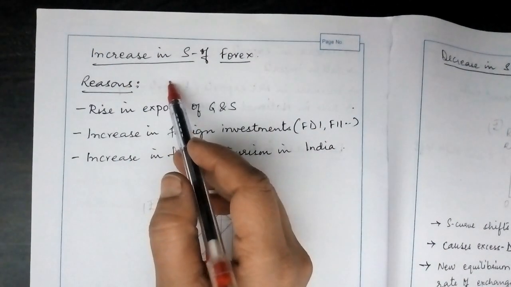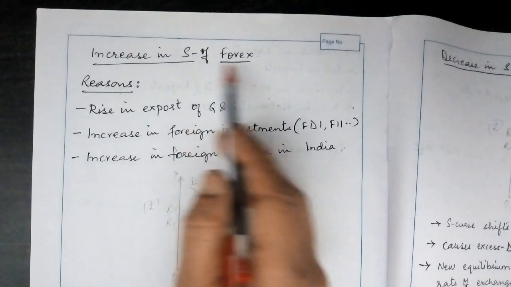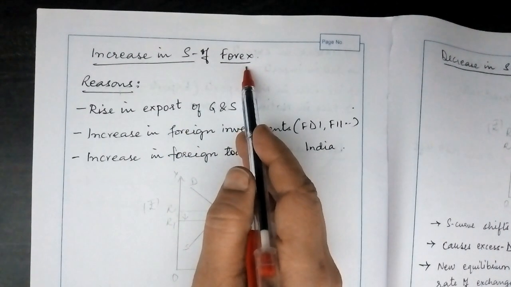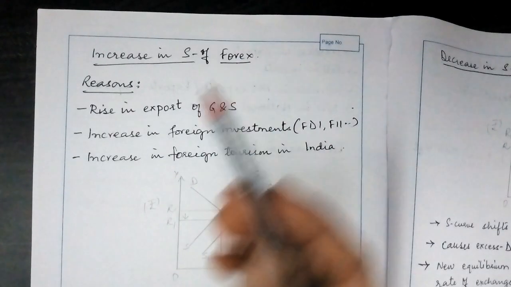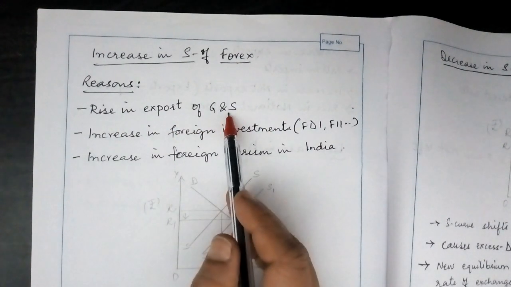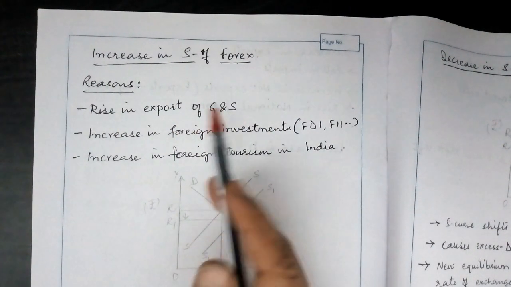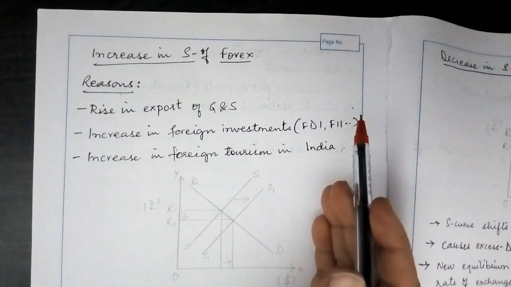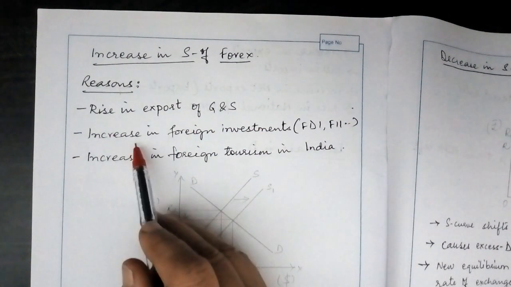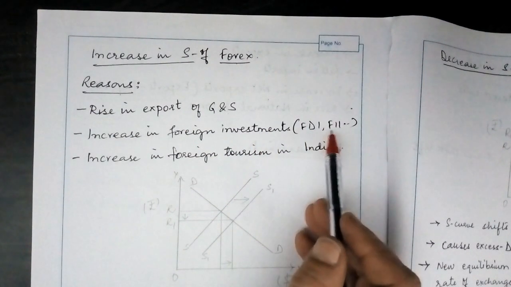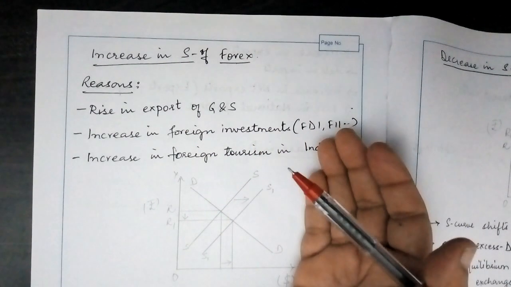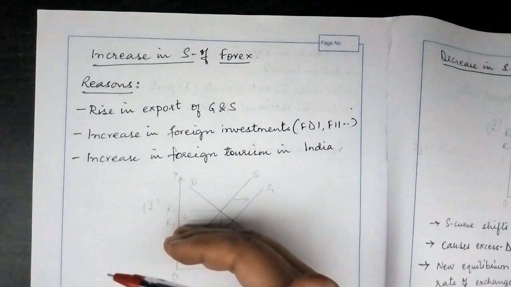The other condition is an increase in supply of foreign exchange. The reasons for increase in supply of foreign exchange are the rise in exports of goods and services from the domestic country to the rest of the world, and an increase in foreign investments, that is foreign direct investments and FIIs, etc., where the foreign countries invest in the domestic country.